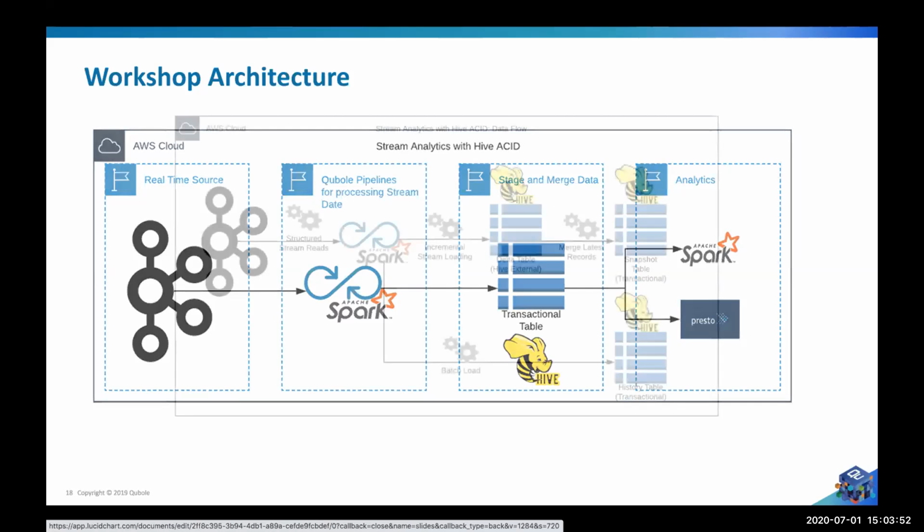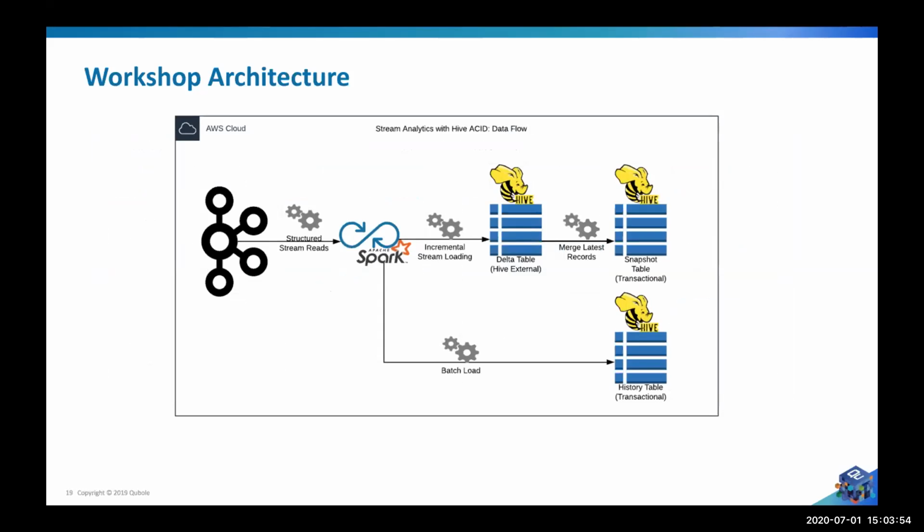In terms of the data flow itself, pipelines will be reading from Apache Kafka as structured streams. Then we'll be doing some incremental stream loading via our pipelines into a Delta table, which hosts this received intermediate data. Once we have all this data, based on some sort of cadence, we will be merging it into the final snapshot table, which is a transactional ACID-based table.